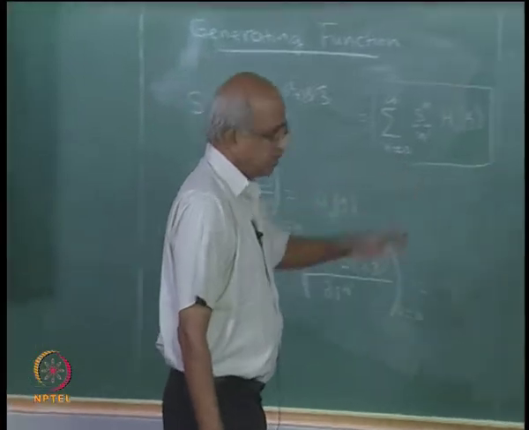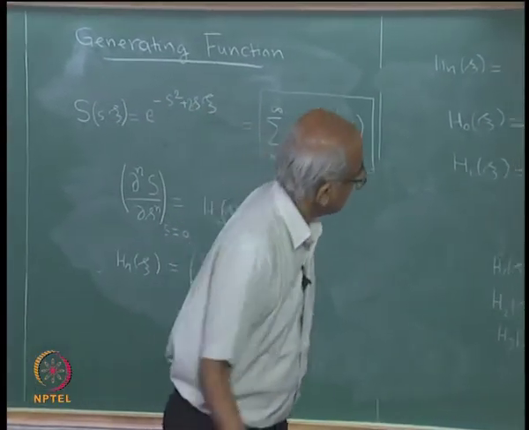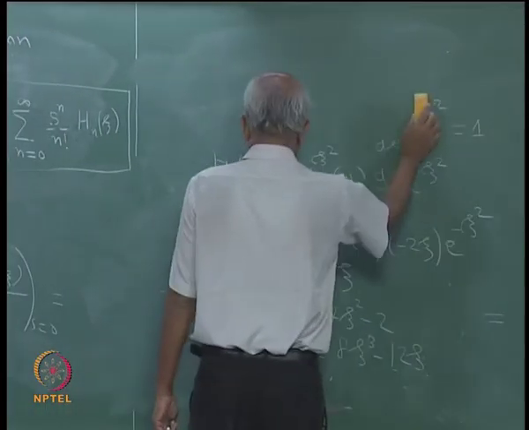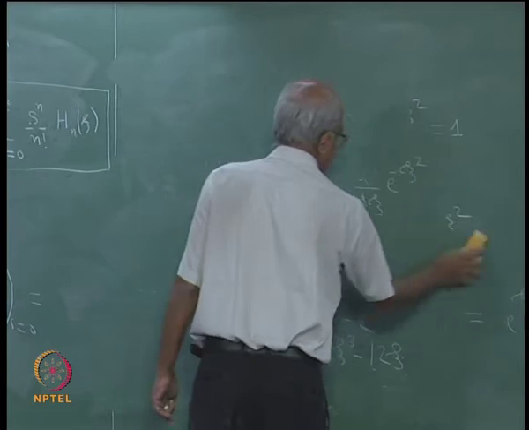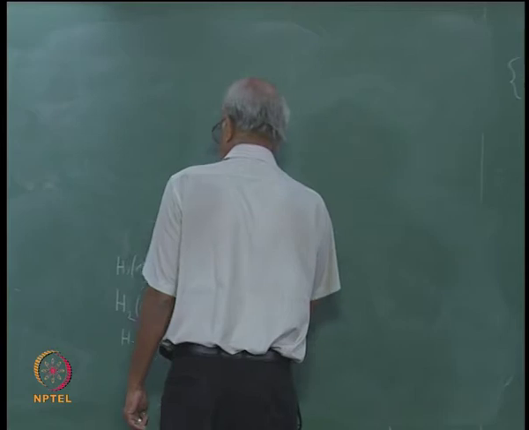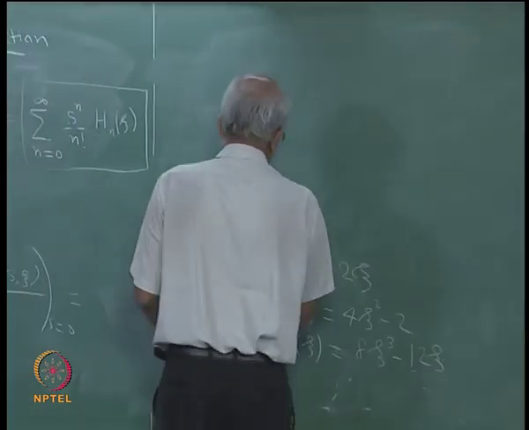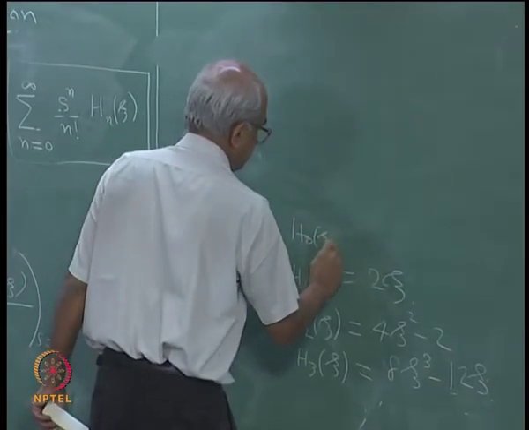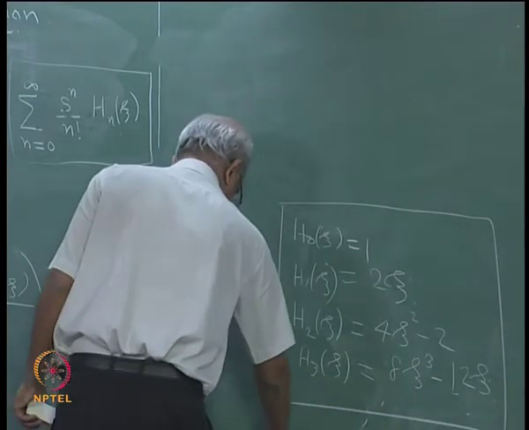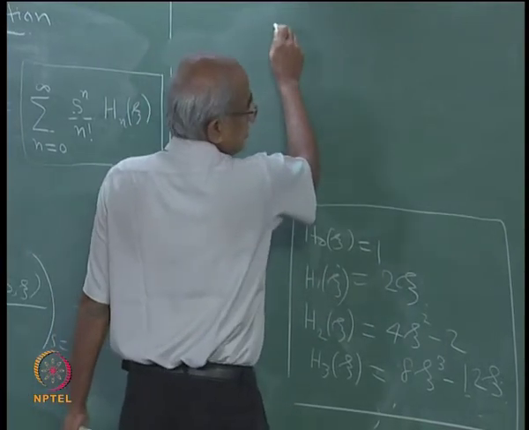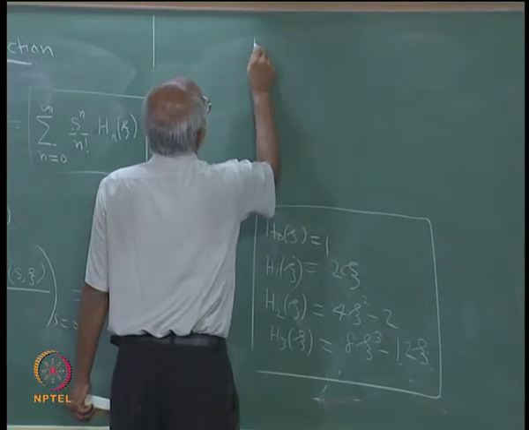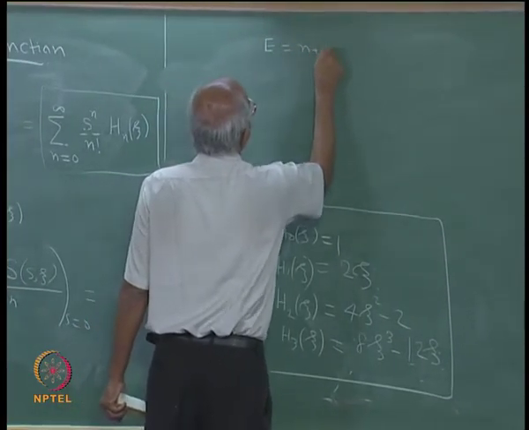So, now let us summarize what we have found. What we have found is that the solutions are acceptable only if E is given by (n plus half) h nu.